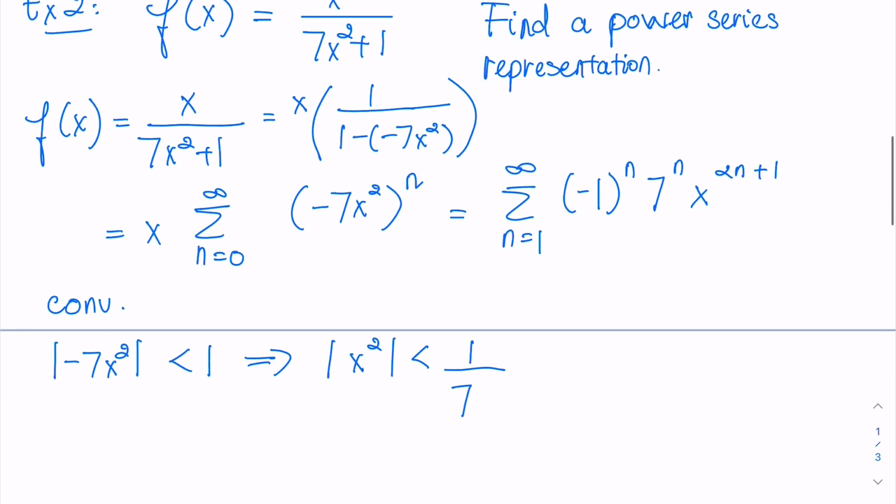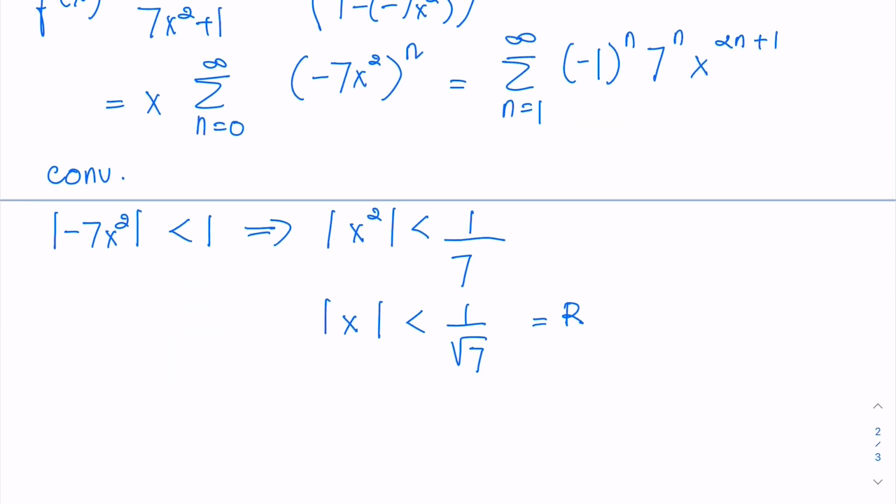Now I'm going to take the square root. So the absolute value of x should be less than 1 over the square root of 7. So that's going to be the R. And then the interval of convergence is going to be negative 1 over radical 7 and positive 1 over radical 7.